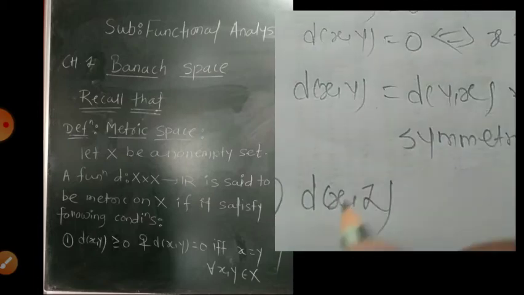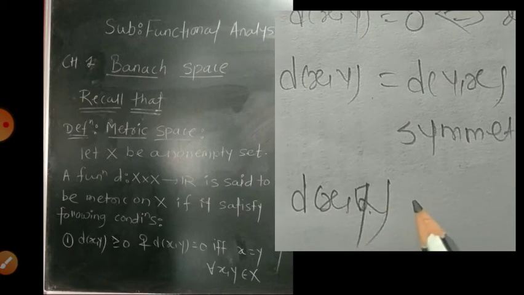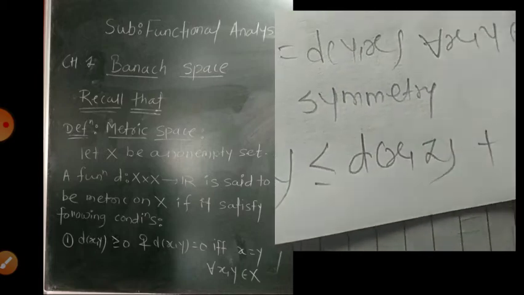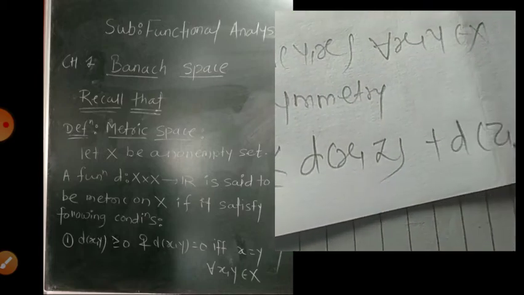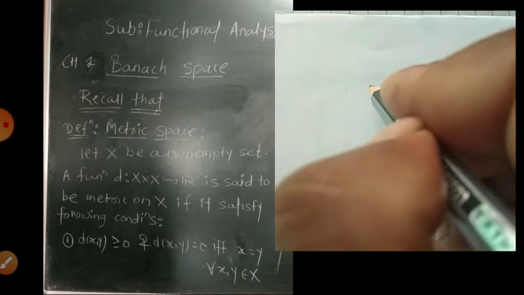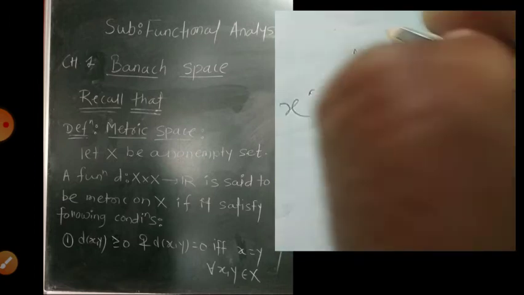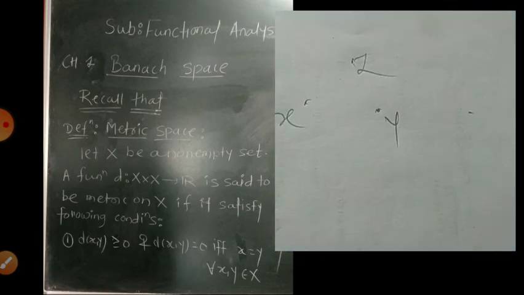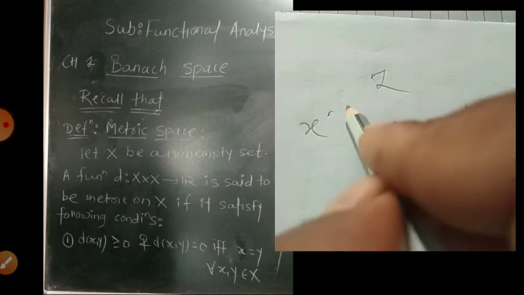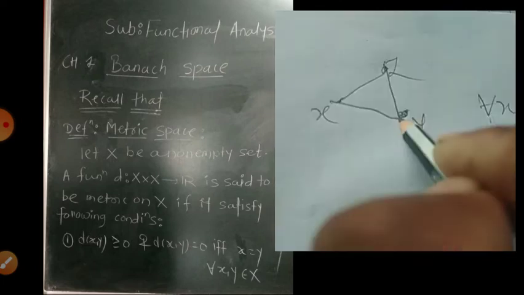What the triangular inequality says is that the distance between x and y is always less than or equal to the distance between x and z plus the distance between z and y. How? If we take any three points from the set X, for all x, y, z belonging to X, and connect them, we get a triangle.